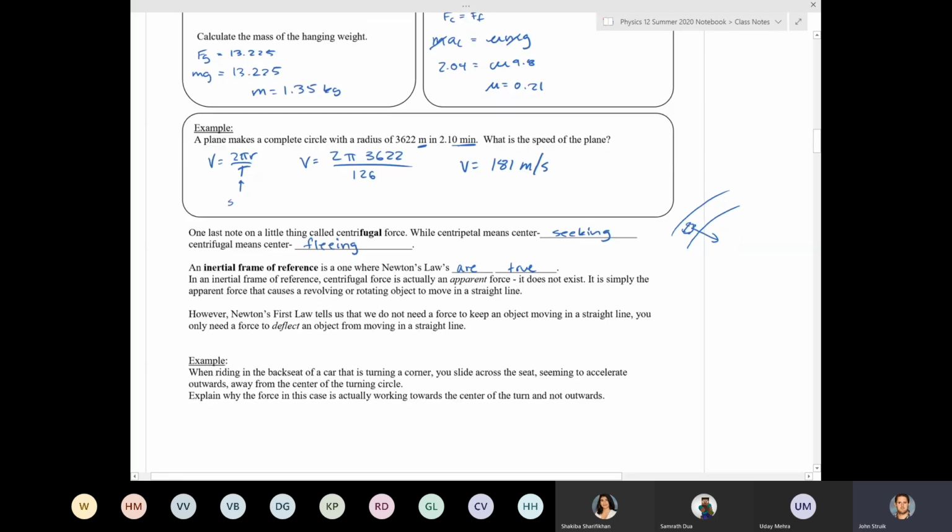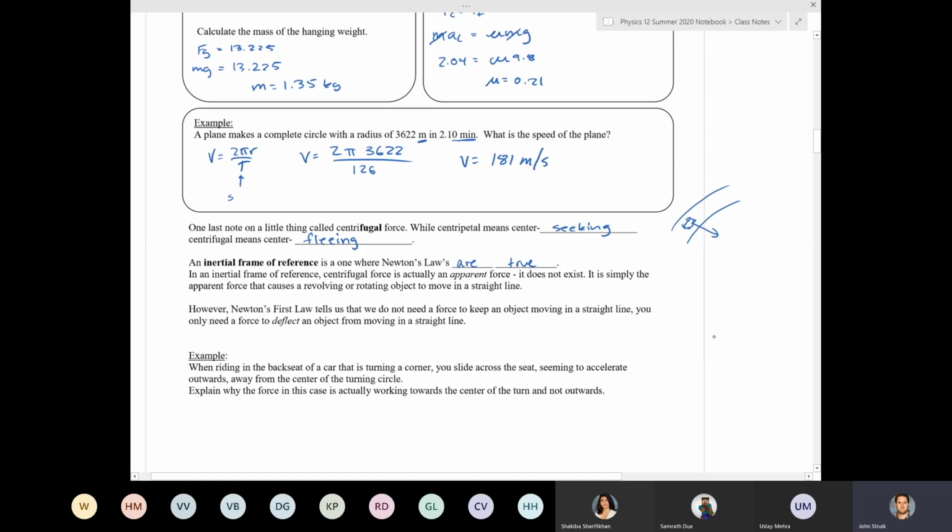Okay, and that's because of Newton's first law. Think about a car moving in a straight line. The driver is moving in a straight line, the passenger is moving in a straight line, and let's say there's a water bottle on the back seat moving in a straight line.